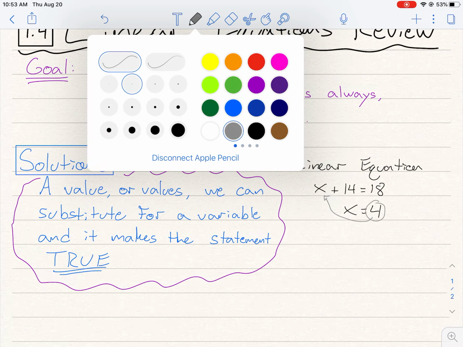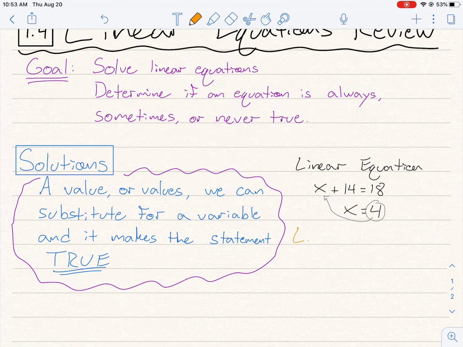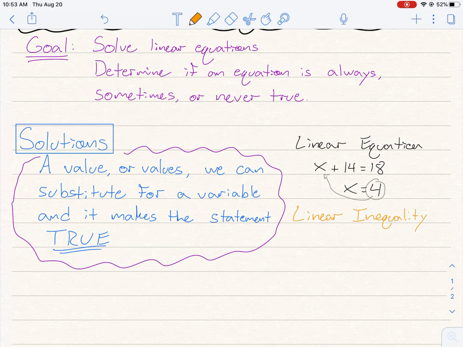But if I am talking about, let's say, a linear inequality, let's say I had x minus 3 is less than 12. Well, if I solve here, I'm going to have x is less than 15.